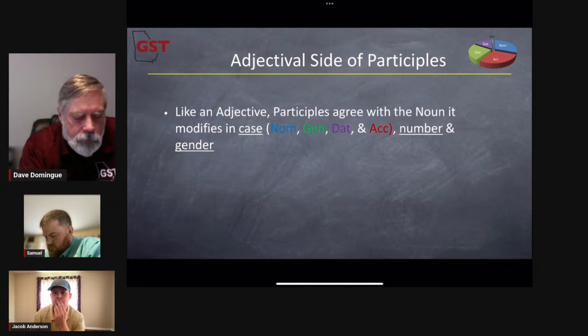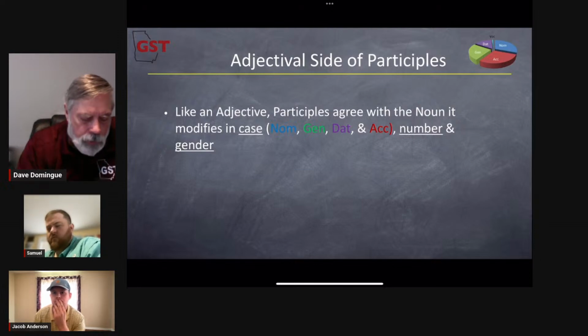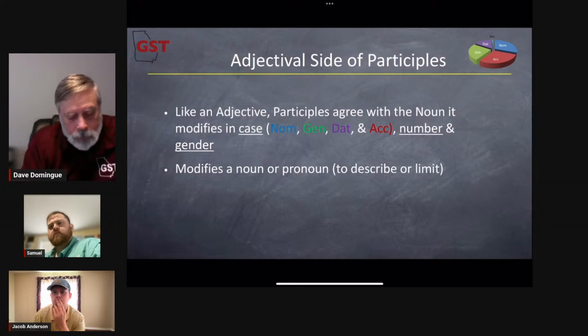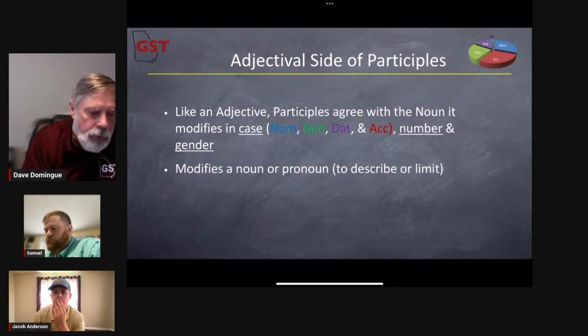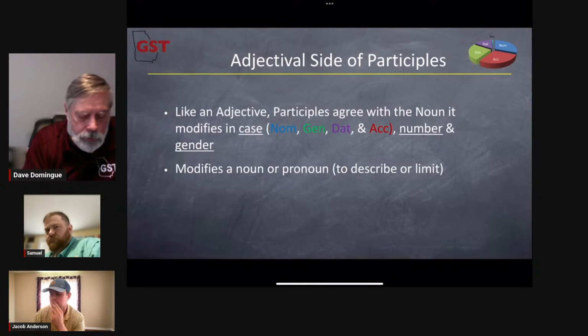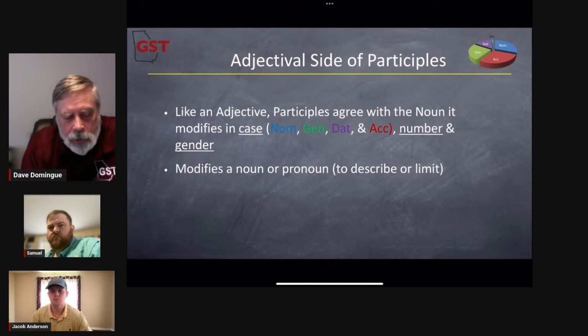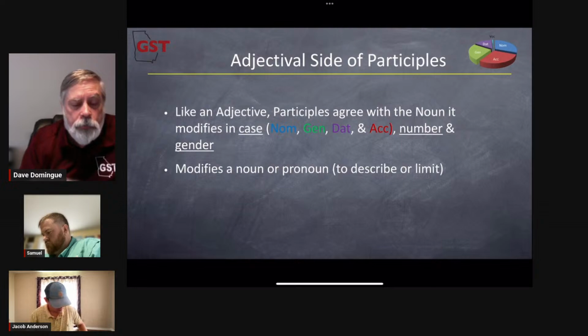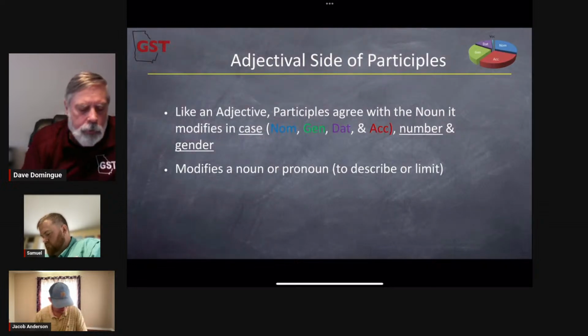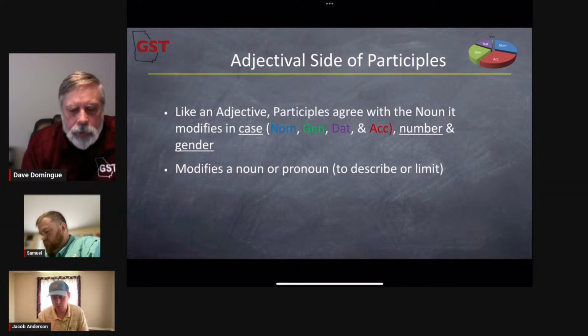And then we have the adjectival side, just like our adjectives, right? They have case, number, and gender. That is nothing new to us, but we've moved along past that and spent so much time on verbs. We have to now rethink some of those things again. An adjective modifies a noun or pronoun for the purpose of describing it or limiting it. The blue dress, the big blue dress, whatever the case may be.